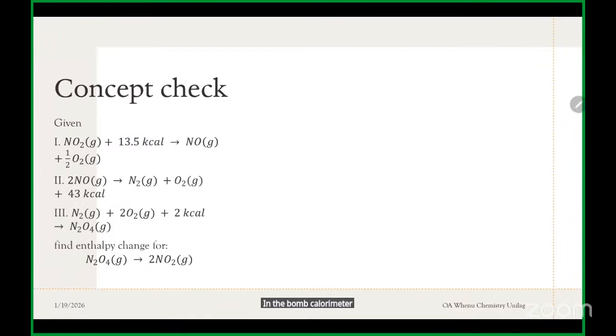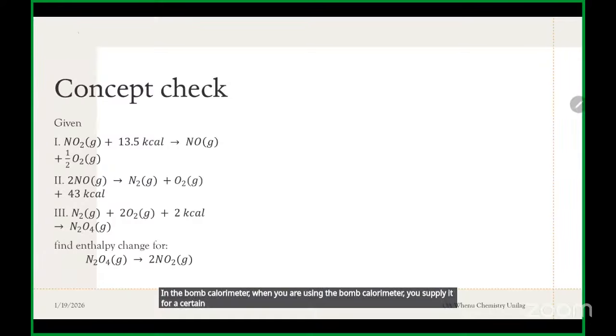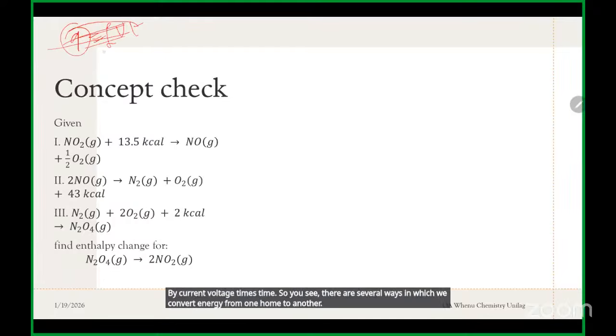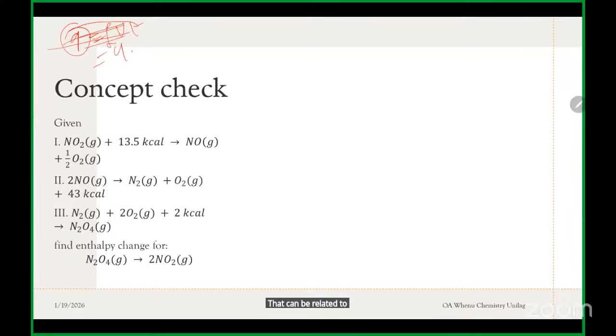When you are using a bomb calorimeter, you supply current for a certain period of time, and you can calculate what you supplied by current times voltage times time. So you see, there are several ways in which we convert energy from one form to another. That can be related to the heat of the calorimeter, which can be related to the heat of the reaction. Anyway, let's move on.